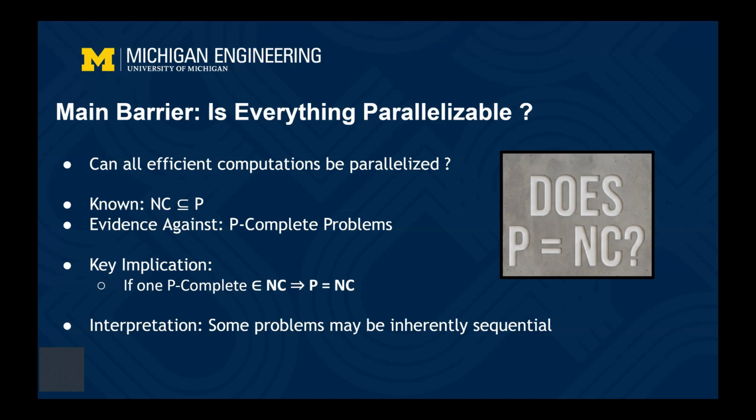If the answer were yes, then every efficiently solvable problem could also be parallelized. If the answer is no, then some problems are inherently sequential. The strongest evidence against equality comes from P-complete problems like we had seen. These are believed to represent the hardest problems to parallelize because an efficient parallel algorithm for one of them would imply efficient parallel algorithms for all of P.